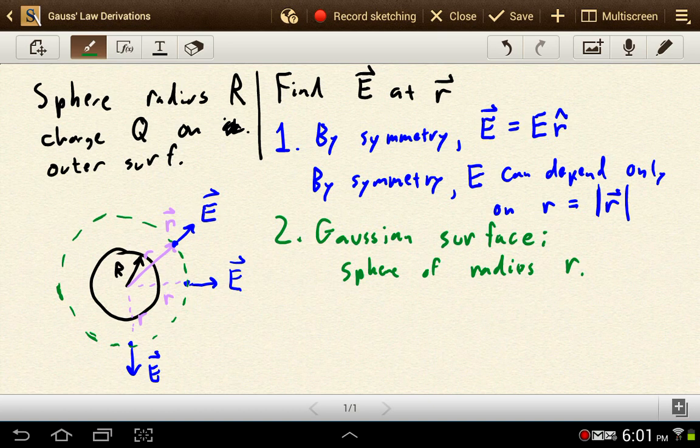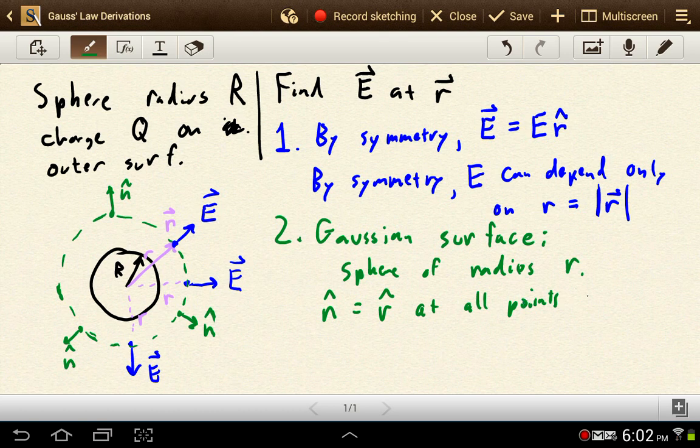So what we can do then is say the surface normal vector for the sphere is a vector on the surface that points straight outward. The unit normal vector n hat is equal to r hat at all points on the sphere.